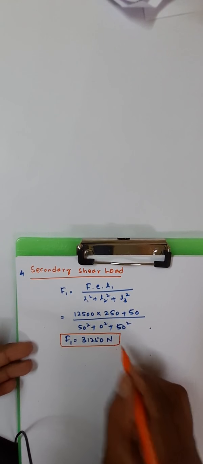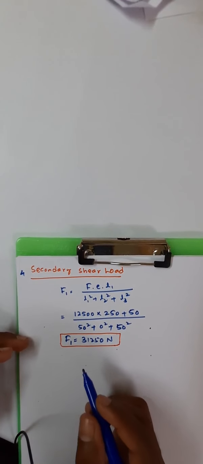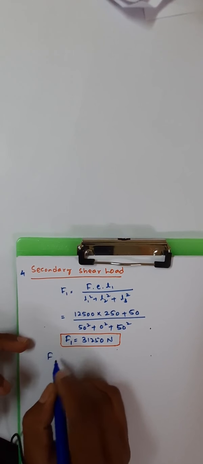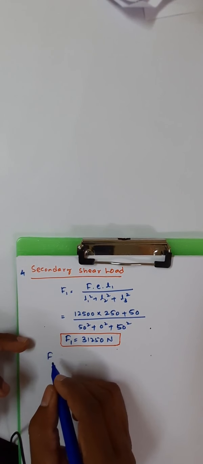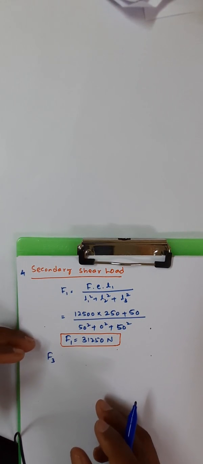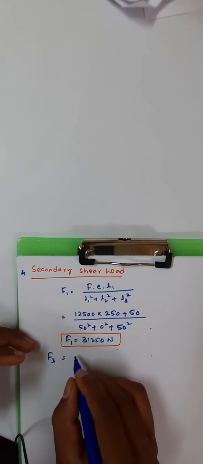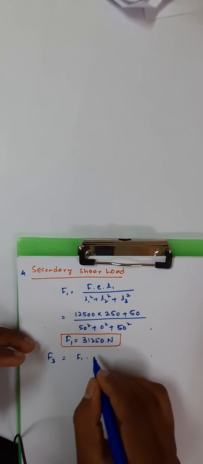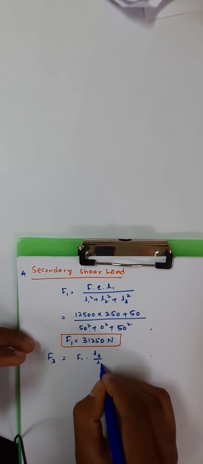In the same way we need to find out F3, because F2 is equal to 0, so L2 is equal to 0. Anything multiplied by that will become 0. So here F3 is equal to F1 into L3 divided by L1.